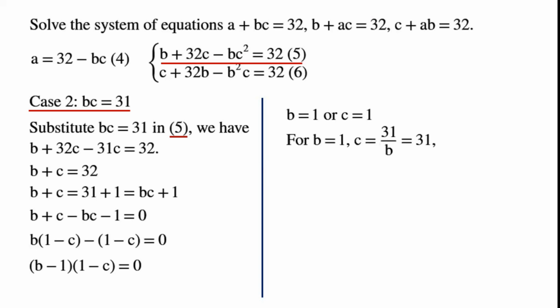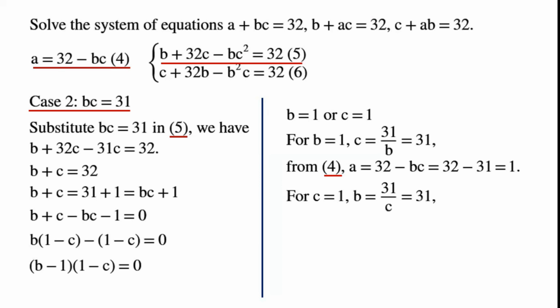For B equals 1, C equals 31 over B, which is 31. From equation 4, A equals 32 minus BC, which is equal to 32 minus 31, which is 1. For C equals 1, B equals 31 over C, which is 31.